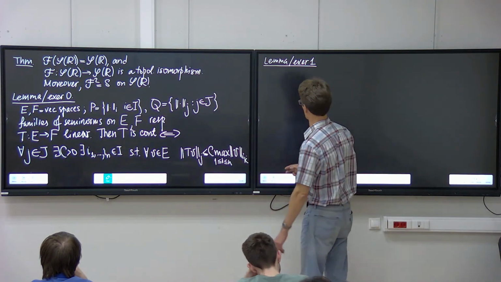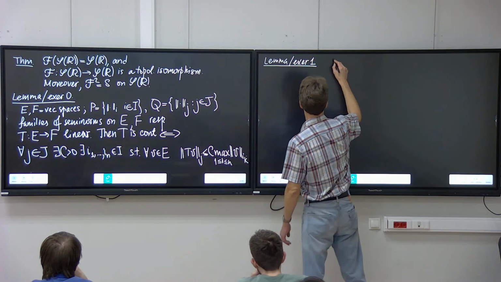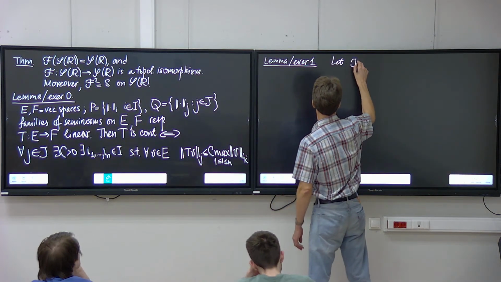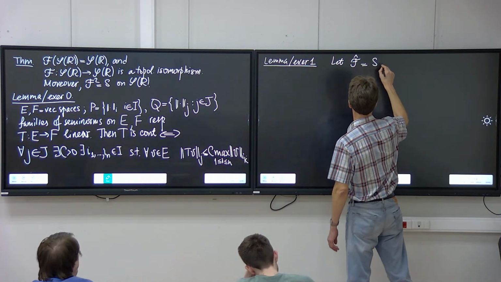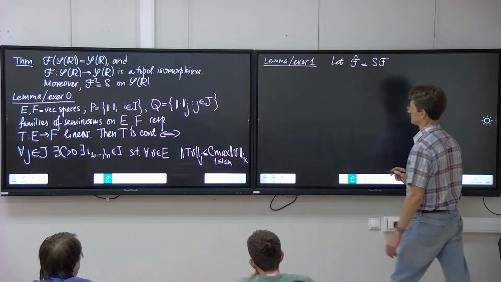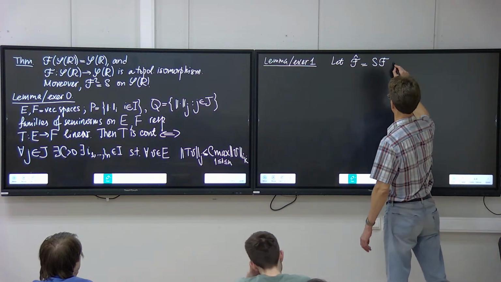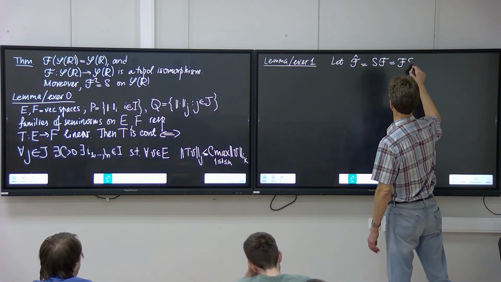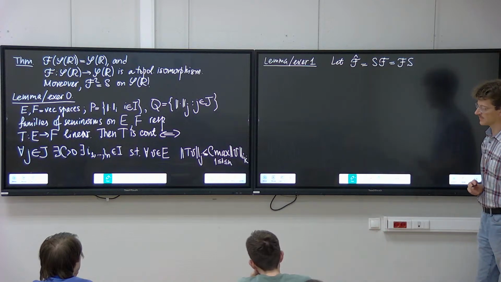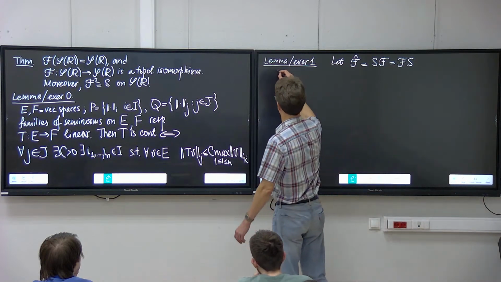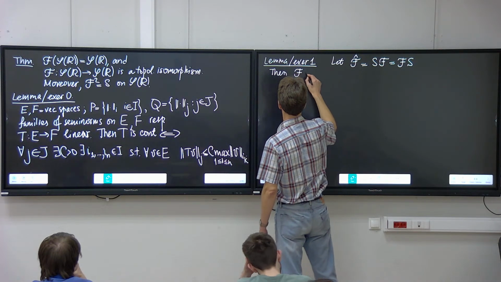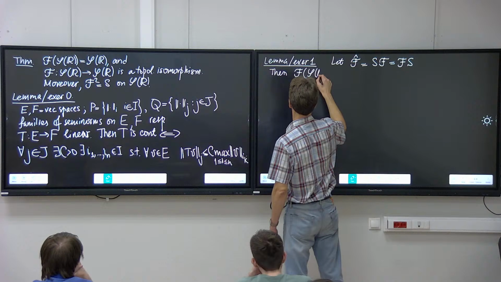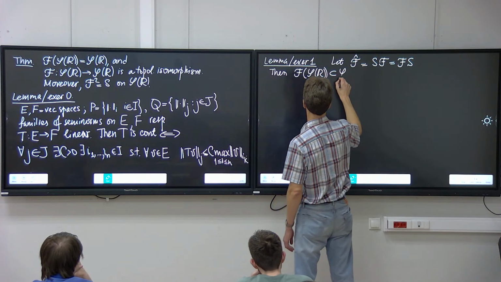Let's introduce an auxiliary operator. Let's denote by F hat the composition of F and S. Or, we can write them in the opposite order because they commute. So I claim that, first of all, the Fourier transform takes the Schwartz space to itself, so we have the following inclusion.